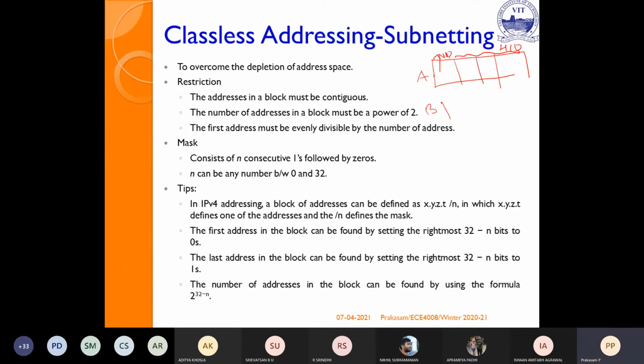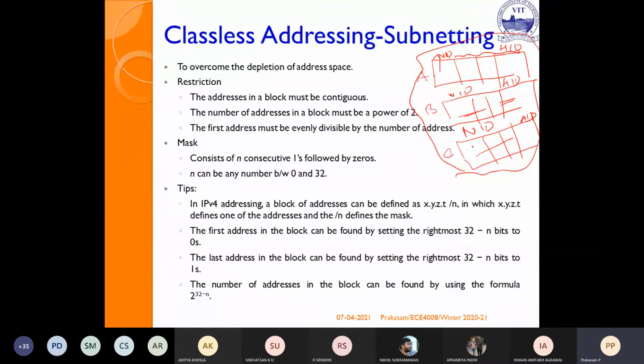If it is class B, the first 2 bytes are the network ID and the last 2 are host. If it is class C, out of 4 fields, the first 3 are the network ID and the last is host. So this is nothing but classful addressing.